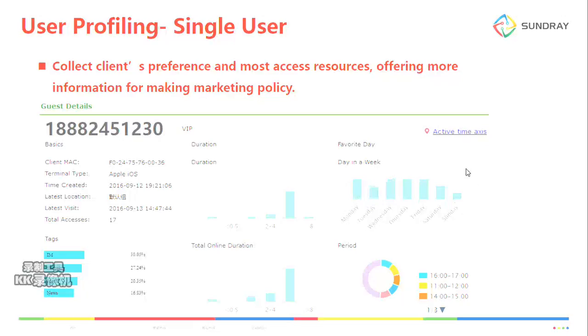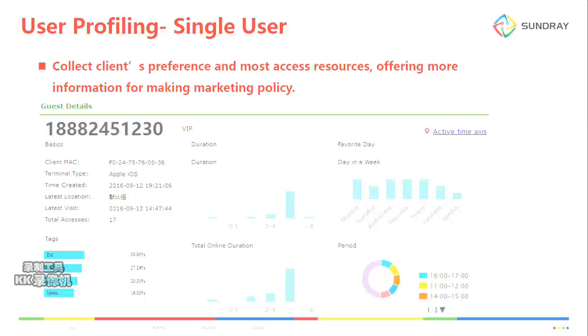From Monday to Sunday, we have the analysis for each single user, for example that he comes most on Monday. Also the total online duration, how much time he stayed online, and the peak period in which he comes to the area.